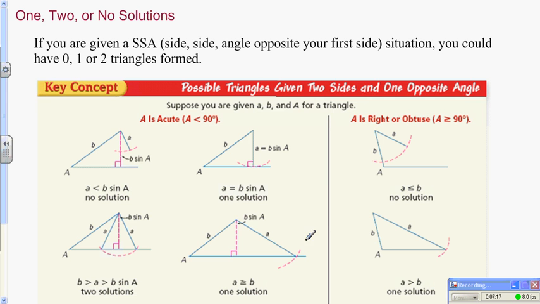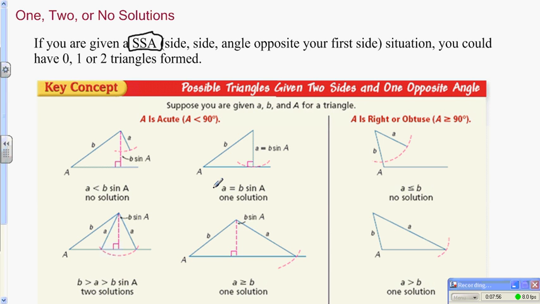Now here's where it gets a little bit more interesting. How do we find the answers when there's more than one possible triangle, or maybe there's no possible triangle? Well, if we are given side-side angle information, that's when things get interesting. Meaning we're given two sides and an angle not in between those two sides. That causes some things to happen. Given the information, either there will be no possible triangles, or one possible triangle, or two.